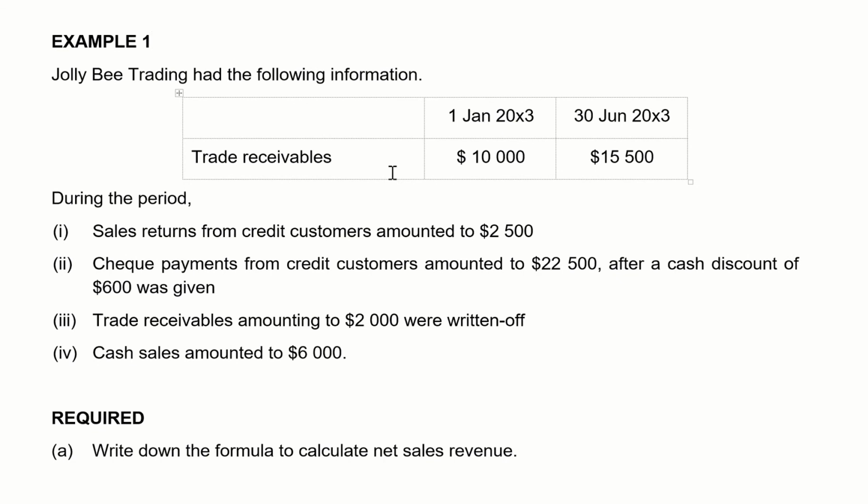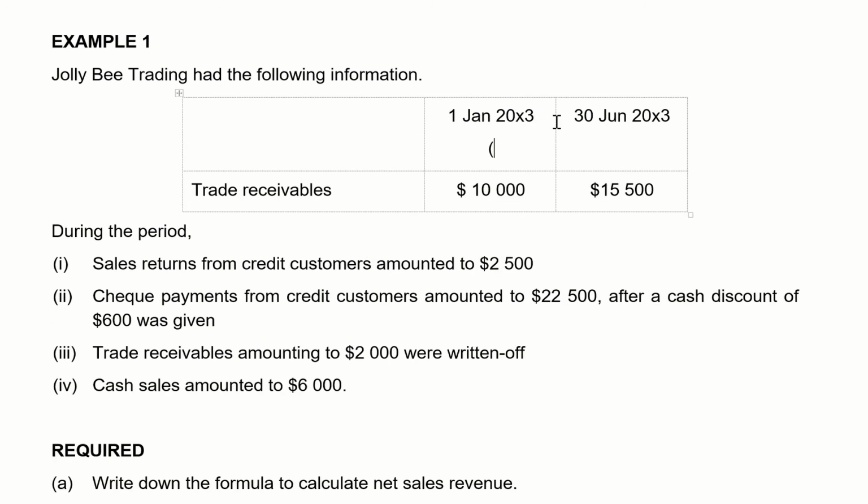Jollibee had the following information. On 1st of January, there's a trade receivable balance, so this is your beginning balance. And 30th of June is my ending balance. Hey, Miss Lim, how come it's not 1 year? Yeah, it's true.